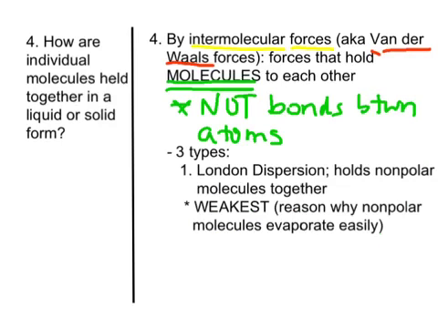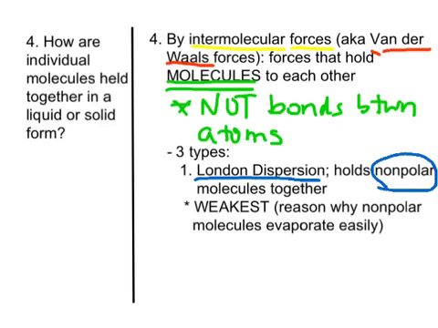All right, there are three types of intermolecular forces that we're going to talk about. The first type is called London dispersion. This holds nonpolar molecules together. It's the weakest force of them all, and it's why nonpolar molecules evaporate very easily.